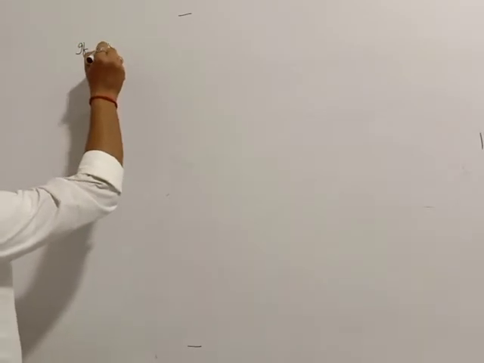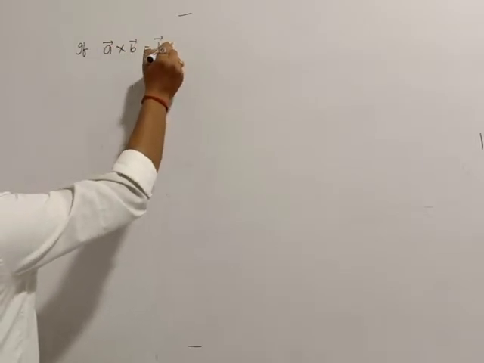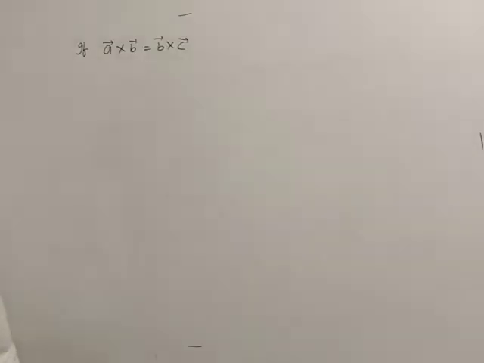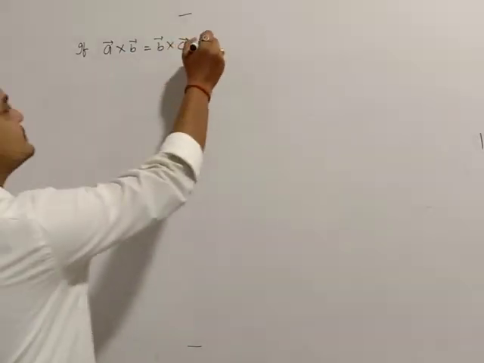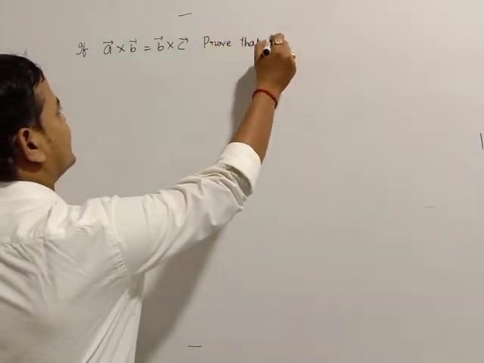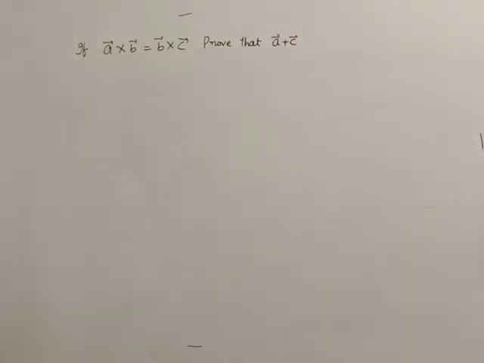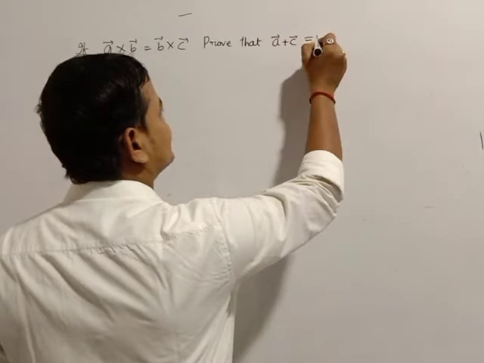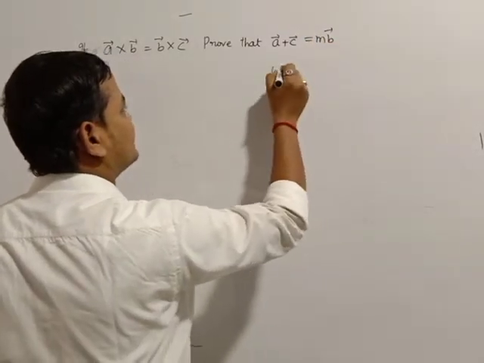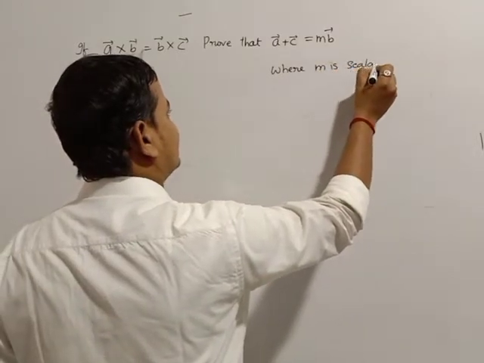If A bar cross B bar is equal to B bar cross C bar, then prove that A bar plus C bar is equal to M B bar, where M is a scalar. That means any number.